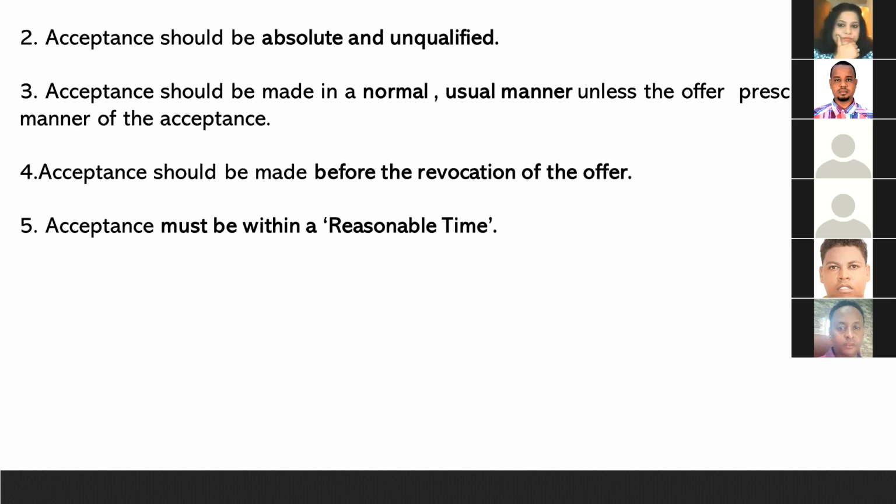Or Mr. A wants to sell his land to Mr. B, and Mr. A's wife tells Mr. A, come on, you're selling it for quite a less price. And Mr. A does not know how to tell Mr. B, well, I'm not interested in selling the plot of land to you. He'll not go into those personal details, but he'll say, no, I'm not interested in selling my plot of land anymore. So there is revocation of offer. So acceptance should be made before the revocation of offer, right?